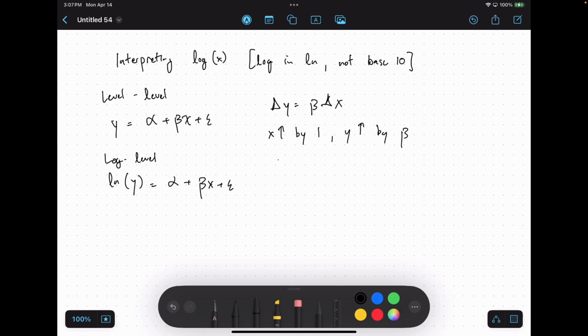But if you were taking this in an econ class, they would tell you that the way you interpret this is like this. If x goes up by 1, y goes up by 100 times beta percent.